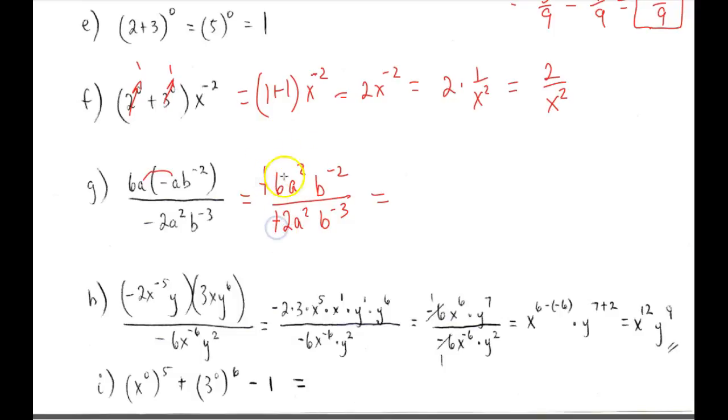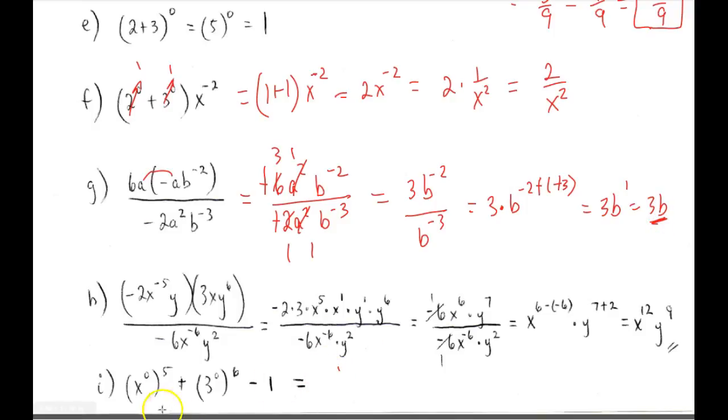And 6 divided by 2 is 3. So we'll just say 3 here. The a squareds reduce to 1. So we have 3 times 1 times b raised to the negative 2 over b raised to the negative 3. And so that will be 3 times b raised to the negative 2 minus a negative 3. And subtracting a negative is the same as addition. So we have 3b raised to the negative 1, which is just 3b.